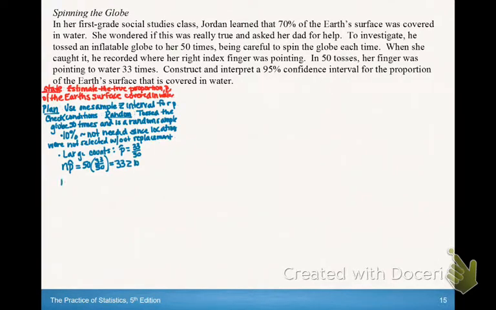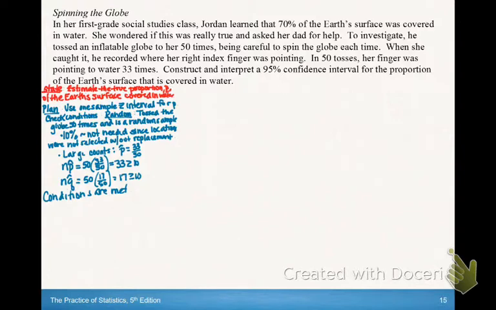And n times q hat is going to be 50 times 17 over 50, which is 17, which is greater than or equal to 10. So the conditions are met. Okay, so we have that part all done.